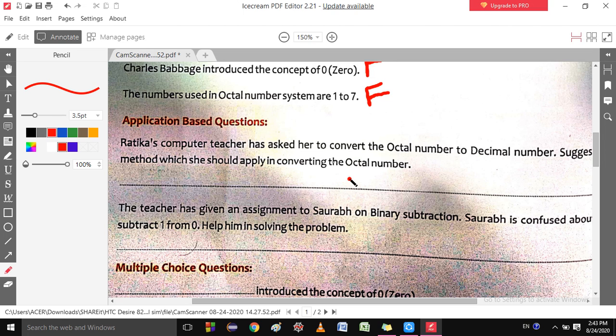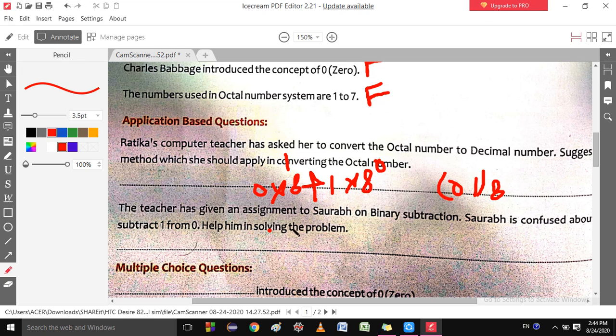I already explained it like this: 8 power 0 multiplied by 1, plus 0 multiplied by 8 power 1. Suppose my number is 0, 1, base 8. You will multiply this way and you will get the number.